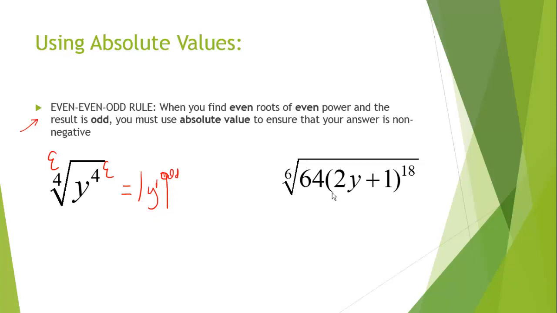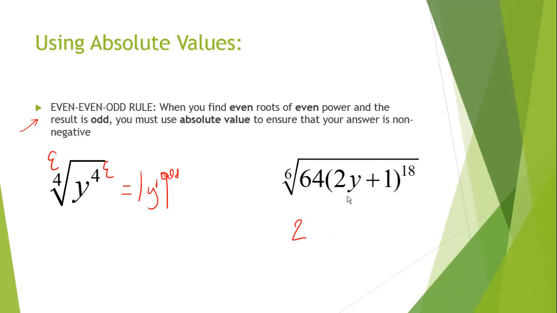Here's another example. The sixth root of 64 times the quantity 2y plus 1 to the 18th. We'll split it up. The sixth root of 64 is 2, so we'll just write the 2. Now notice I don't have to put absolute value bars around this because I know the value. It's 2. I'm making it positive.